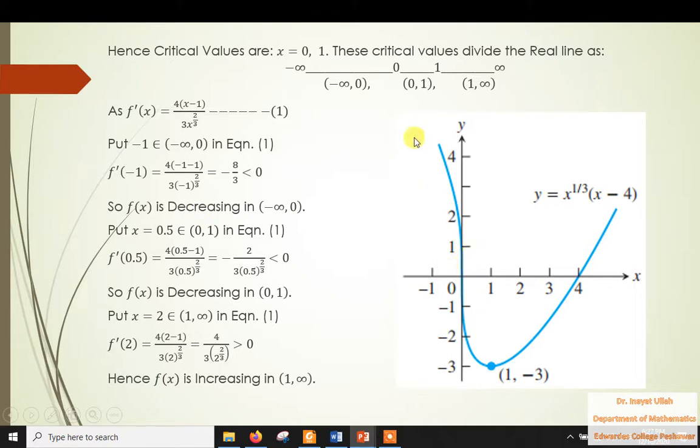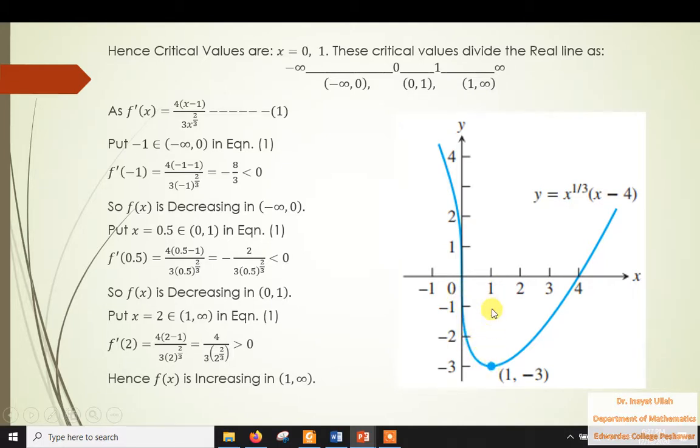And if you look at this portion 0 comma 1, between 0 and 1, the graph of the function goes down and down again. So we may say that between 0 and 1, the function is decreasing. It goes down and down.